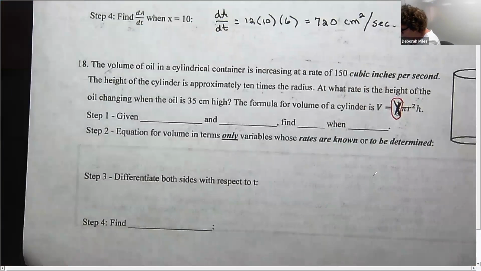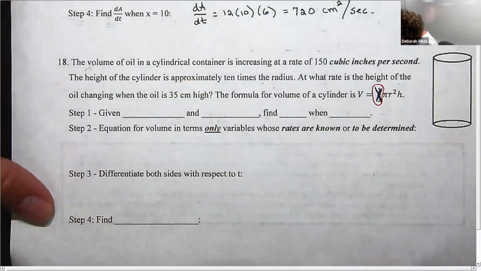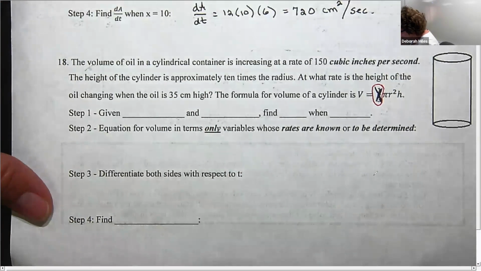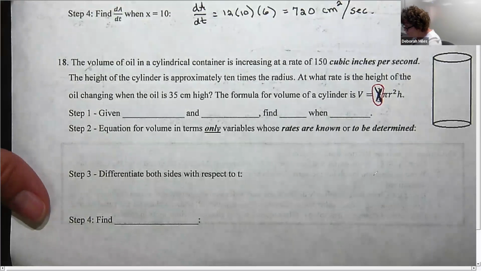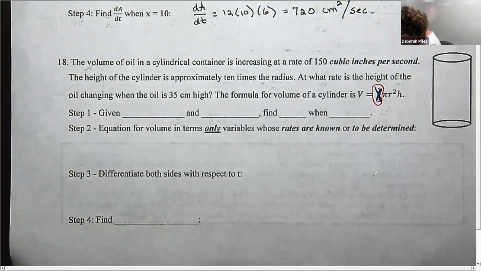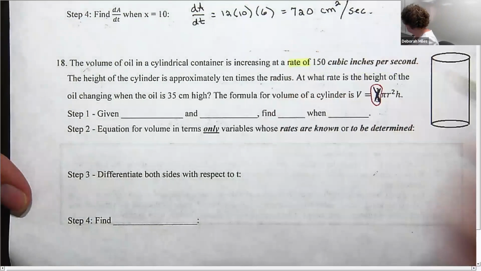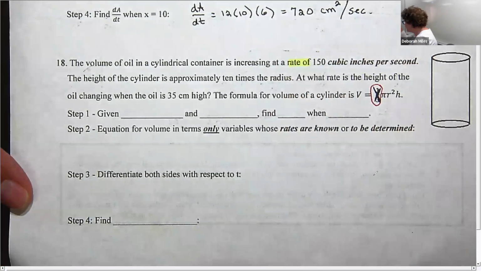All right, number 18 says the volume of oil in a cylindrical container is increasing at a rate of 150 cubic inches per second. Now we're trying to assign all the right variables and use all the right symbols. The first thing I notice is that 150 is a rate. So my symbol is going to be something over dt. And I just have to figure out what the something is.